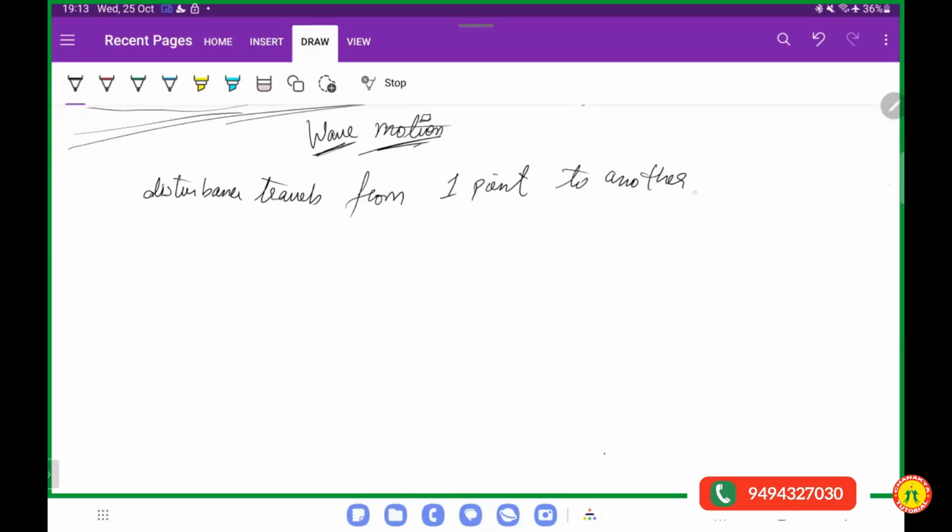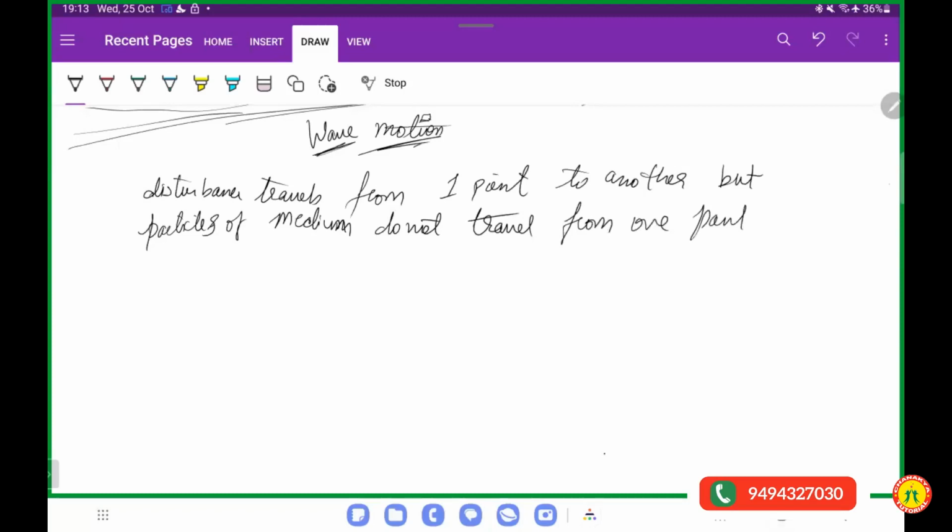So let's write here. Disturbance travels from one point to another point. Let's add this also: but particles of the medium do not travel from one point to another.